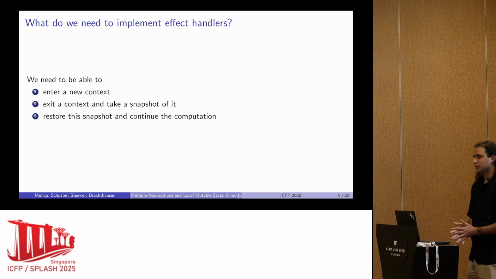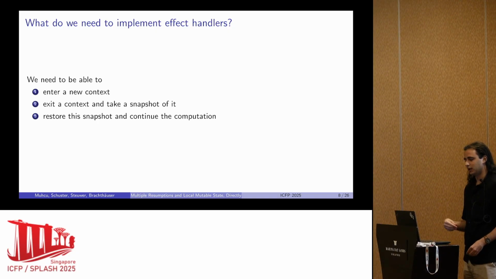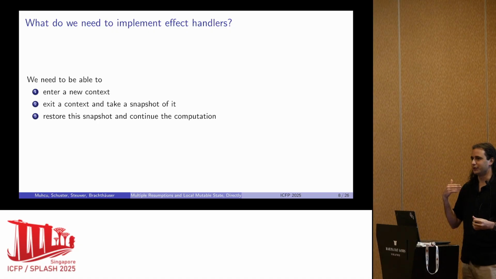Now, what do we need to implement effect handlers? We need a few basic operations for that. We need to be able to enter a new context, and we need to be able to exit that context and take a snapshot of it, or to capture the continuation there. And we need to be able to restore this snapshot and continue the computation.